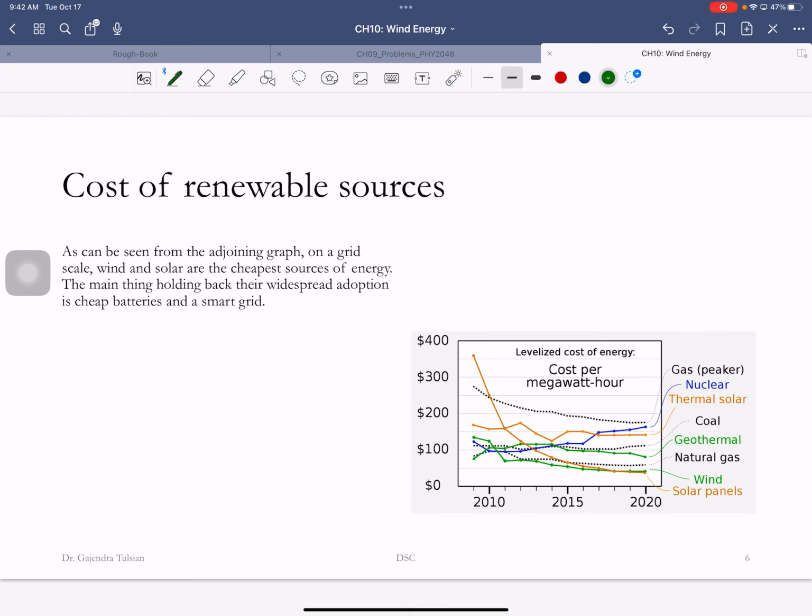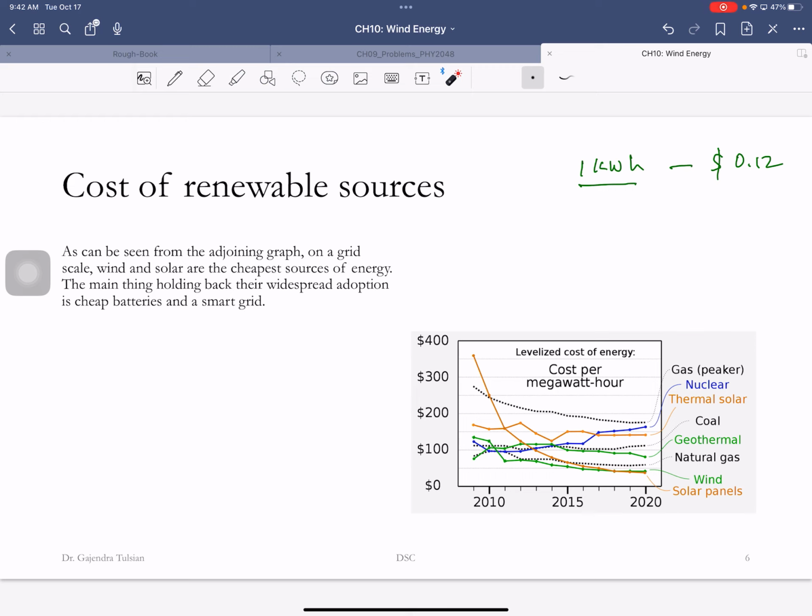Do you guys know what a kilowatt hour is? This is a unit of energy. This is what your electric bill is based on. Go look at your electric bill. This costs you about 15 cents, 12 cents, let's say. In different places the costs are different, but roughly for coal, that's $100 per megawatt hour.